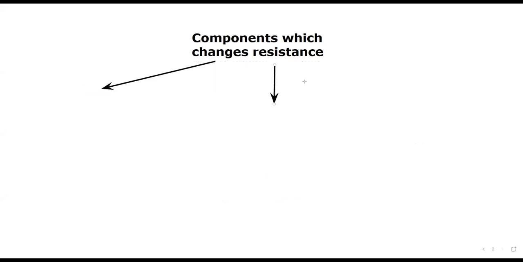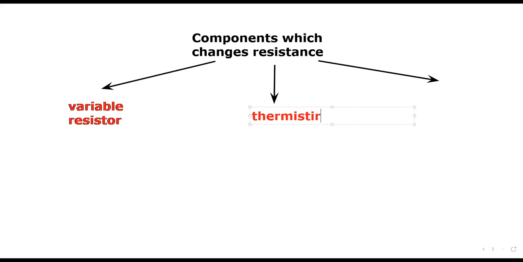One is a variable resistor, another one is a thermistor, and the third one, the component which changes its resistance with light, is the LDR, also called a light dependent resistor. You can write LDR in the exam, it's acceptable. This is the circuit symbol for a variable resistor.